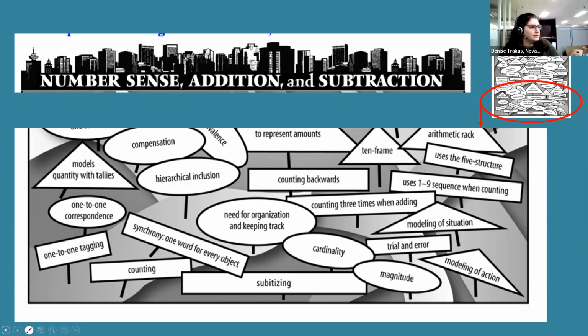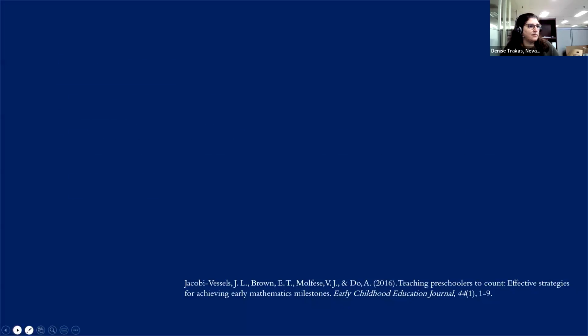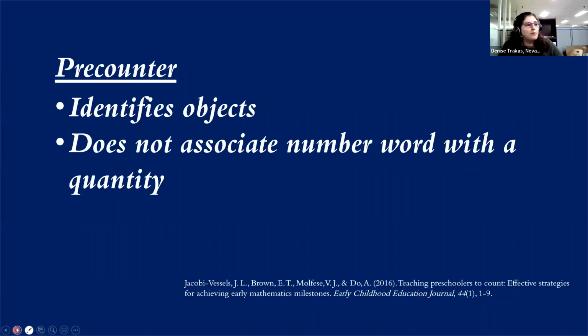Okay. So let's go ahead and look at another. So a pre-counter really identifies objects. They don't associate a number word with a quantity. And so in this case, we see that this child is able to identify objects. She does have some number with a quantity.